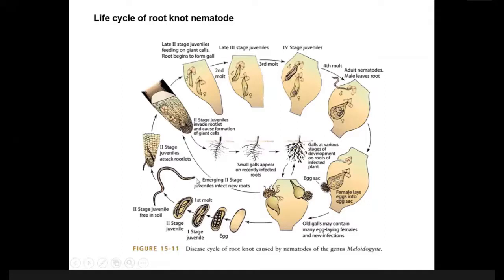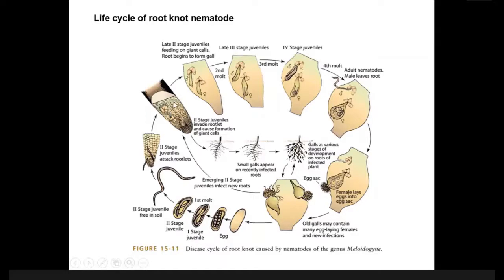You can see here, and this second stage juvenile looks for the host. They can locate the host surface, and you can see here, just below the root tip, they penetrate the root surface and go inside the root, okay, the second stage juvenile. So they locate the vascular bundle of the root.